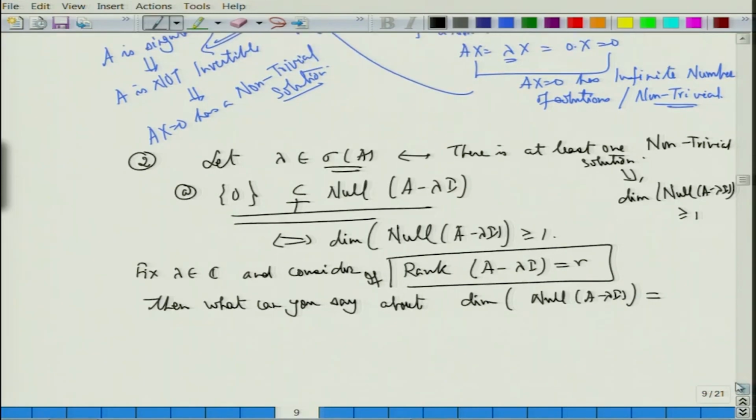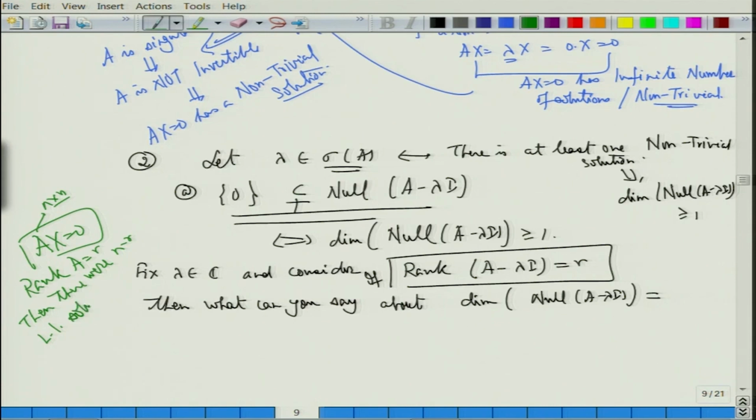Recall that when I had the system Ax equal to 0 and the rank of A was r, there were n minus r linearly independent solutions, where A is n cross n.